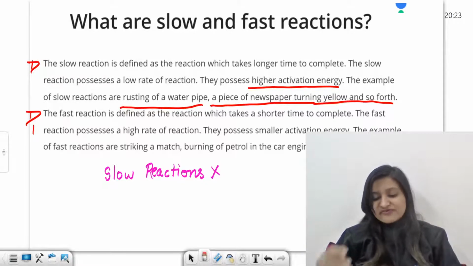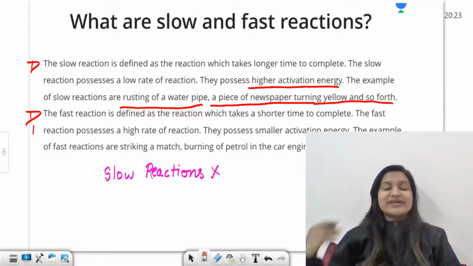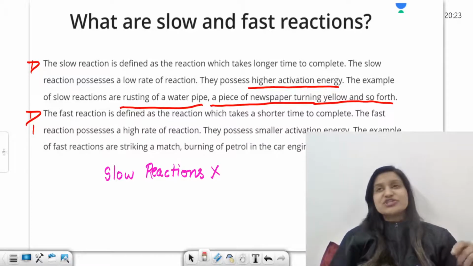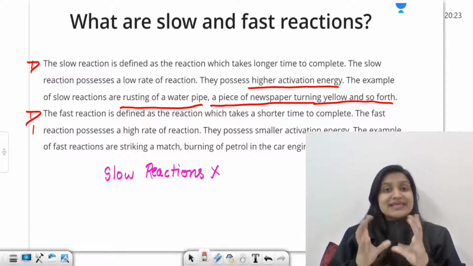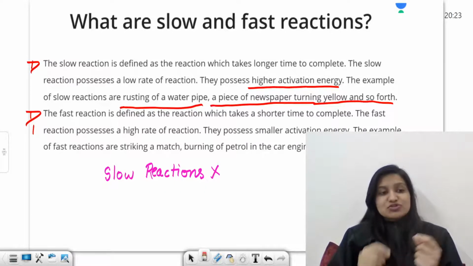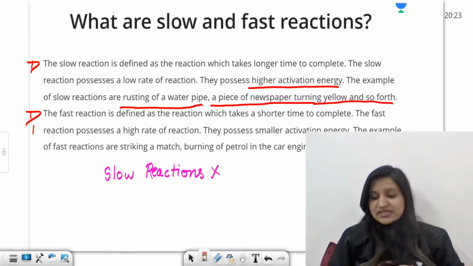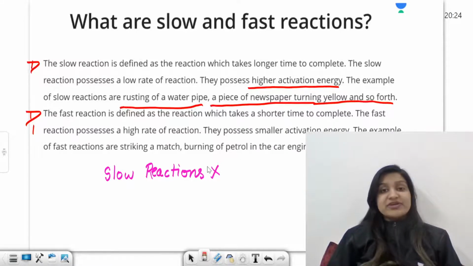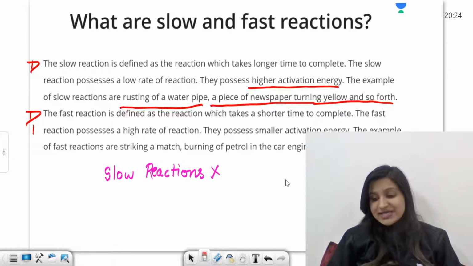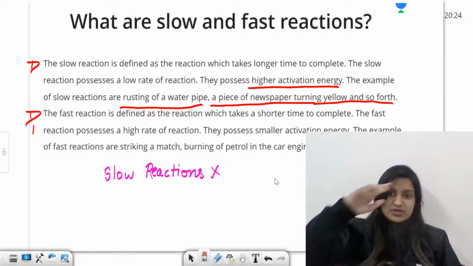The example of fast reactions are striking a match. The moment you strike a matchstick, it gets lit instantly, right? Burning of petrol, a very rapid reaction, I should say, burning of petrol in the car engine and so forth.